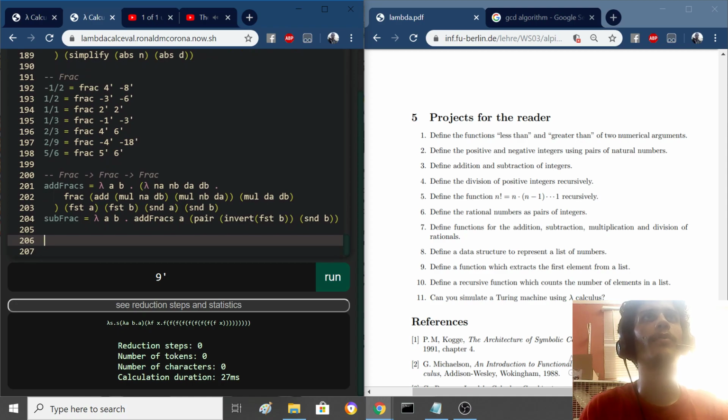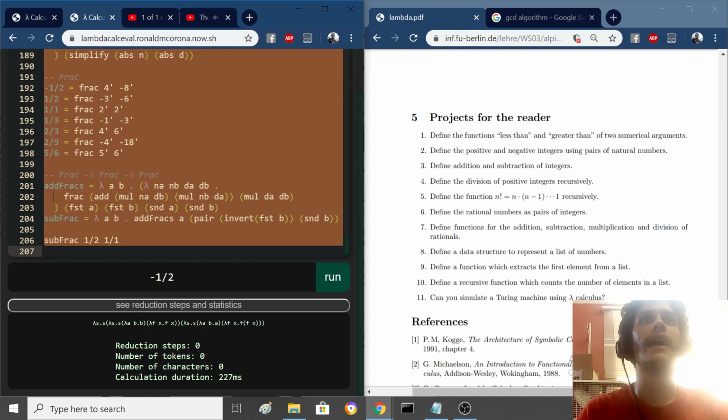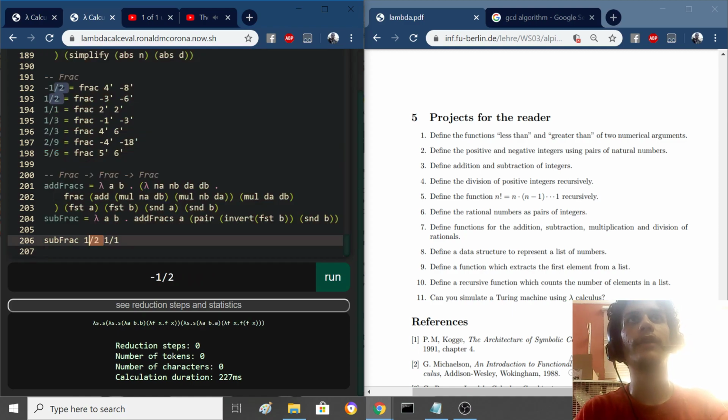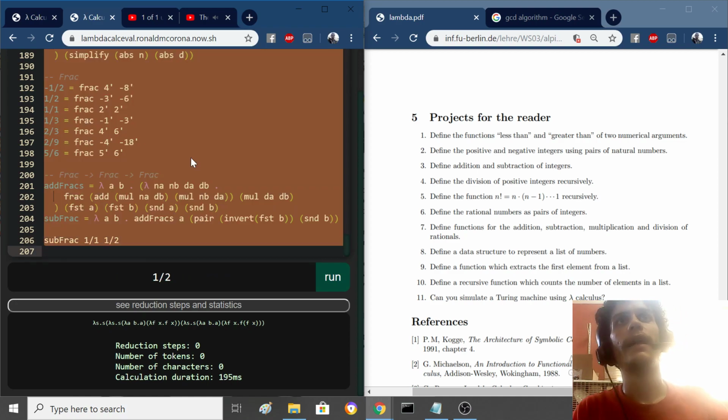And before we multiply, let's go ahead and test out subtraction of fractions. We want to subtract 1 over 1 from 1/2. It should give us -1/2. Okay, how about if we flip them around? 1 over 1 minus 1/2.